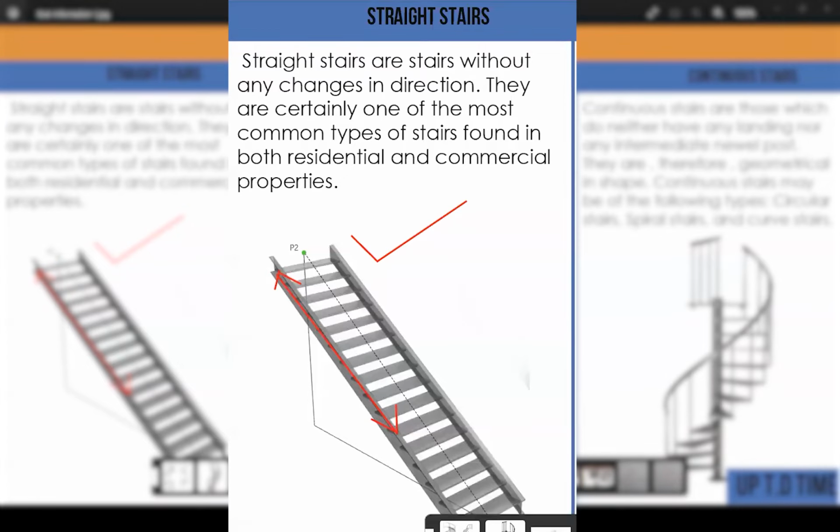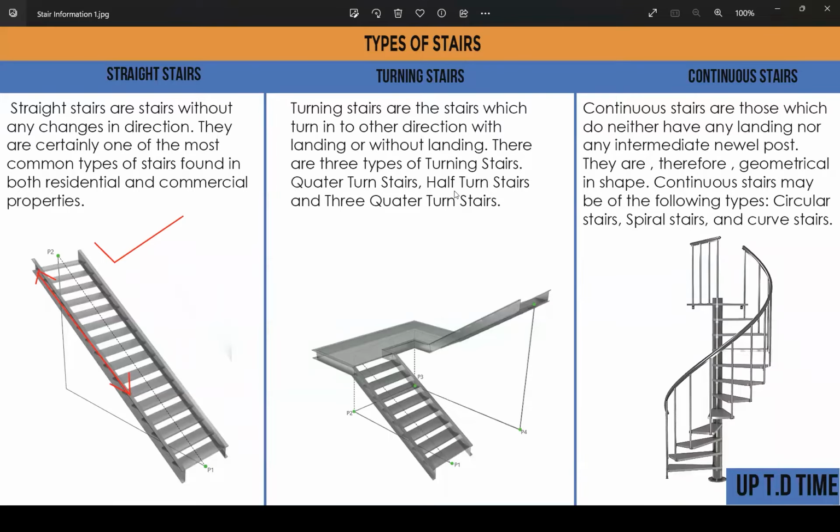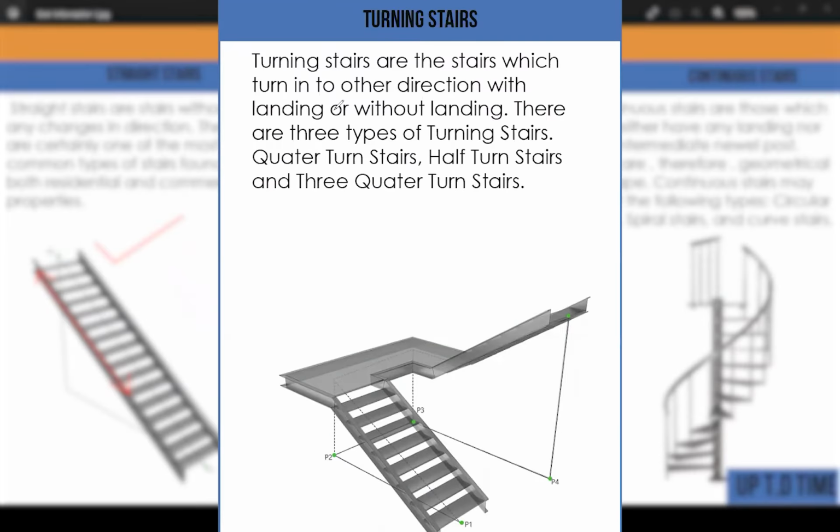Now let's move on to the second category of stairs, turning stairs. Turning stairs are the stairs which turn into another direction with landing or without landing. There are three types of turning stairs: quarter turning stairs, half turning stairs, and three-quarter turning stairs.